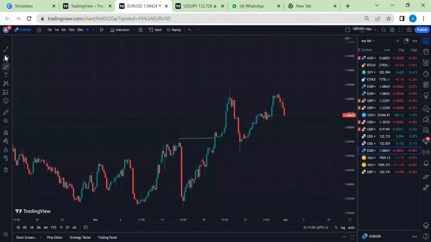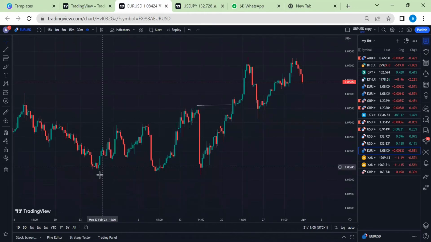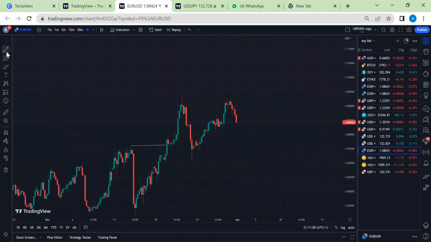I won't go into all this complexity. Let's just take it simple until we are done with internal and external structure. This one did not actually break, right? So we're having like a double top here. You all know what a double top is, and the neckline will be here.